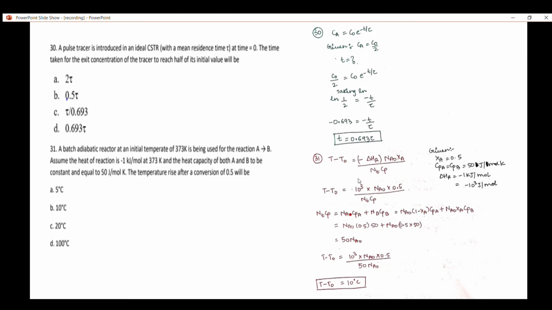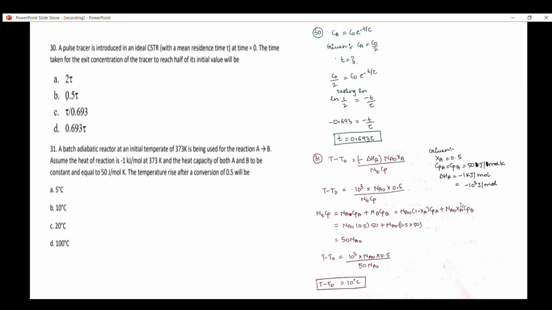So on substituting these values we'll get this, and NT CP, which is total number of moles into total heat capacity, we'll get Na, the number of moles of A, into heat capacity of A plus number of moles of B into heat capacity of B. So we know that Na is Na naught times 1 minus Xa, and Nb can be written as Na naught Xa.